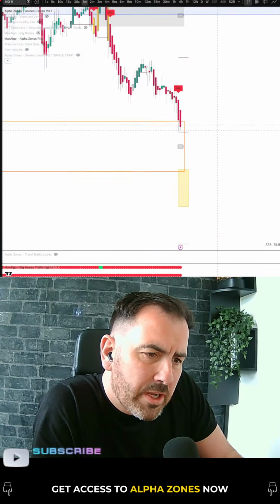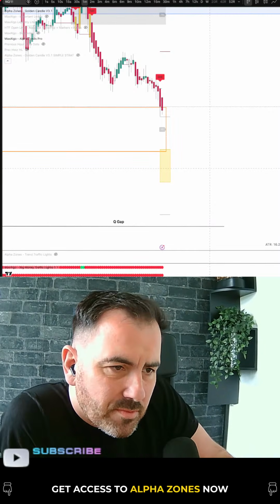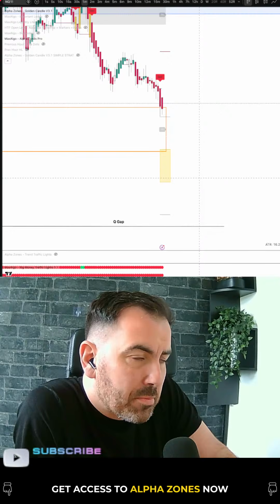Are we going to smash through our daily? The thing is, we are pushing through to our Q gap. It's just whether or not the daily's going to hold for a bit beforehand and take the Q gap at New York.